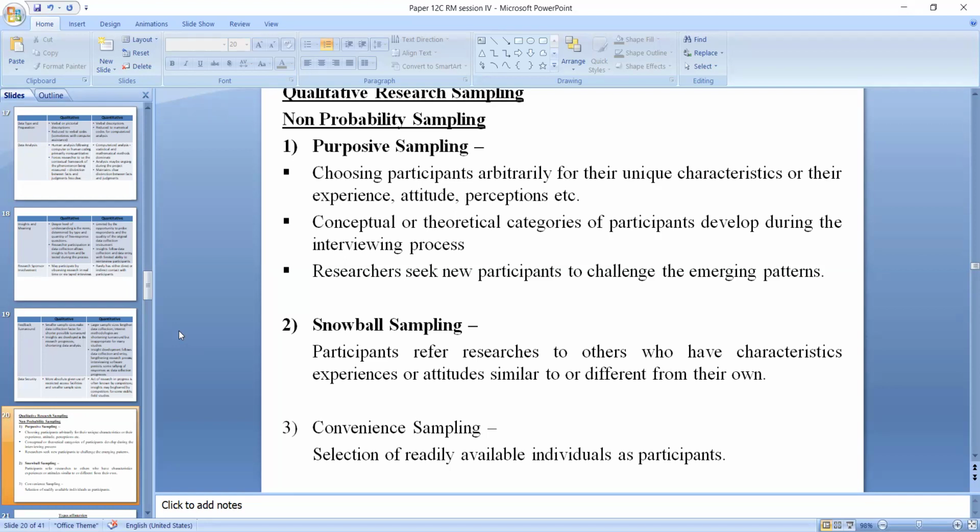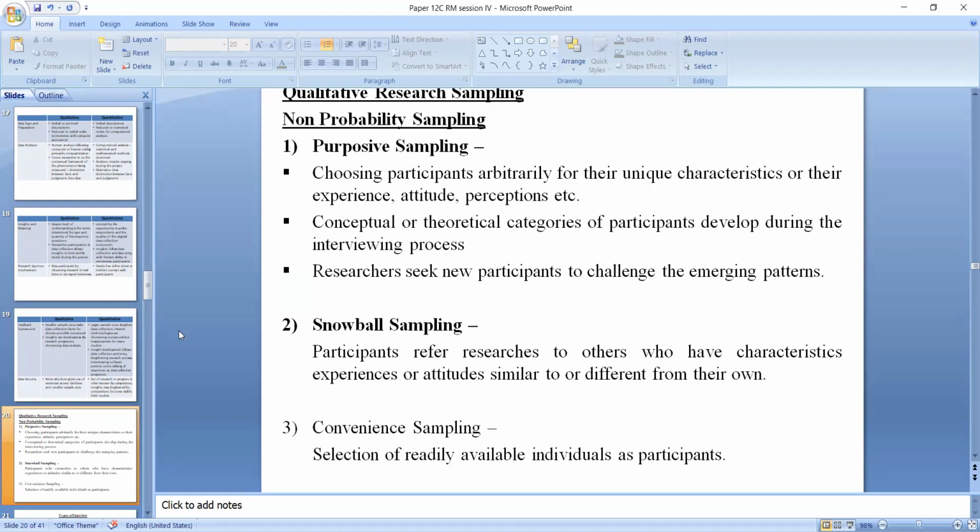Now let us go to the first one, purposive sampling. Choosing participants arbitrarily for their unique characteristics, their experience, attitude, perception, etc. Yesterday, we completed one big TNA project for the Police of Maharashtra. We conducted individual interviews, 5-6 FGDs, and a big survey.